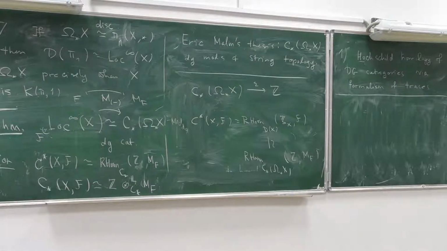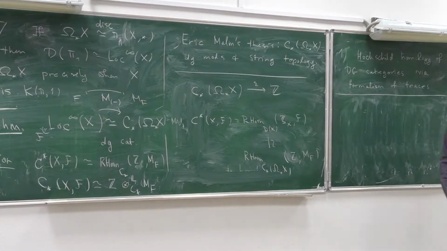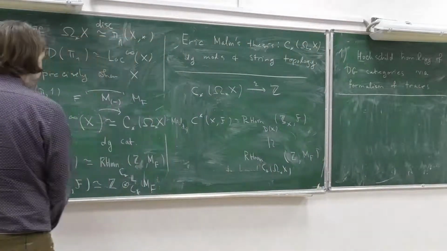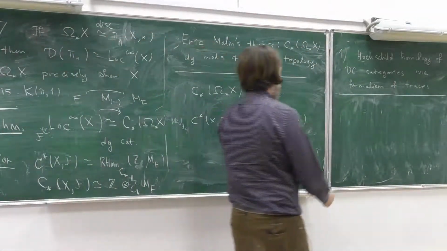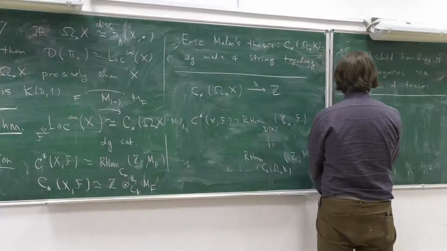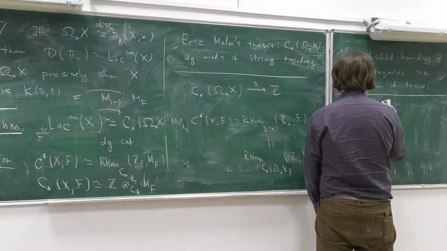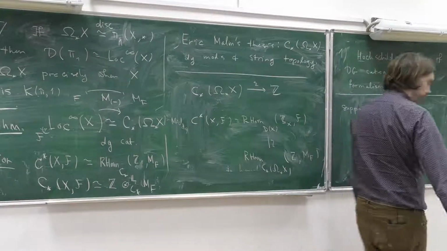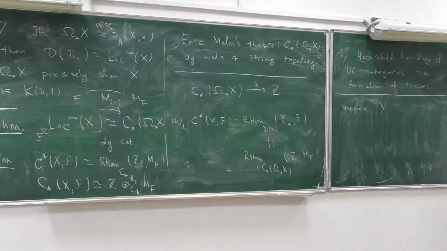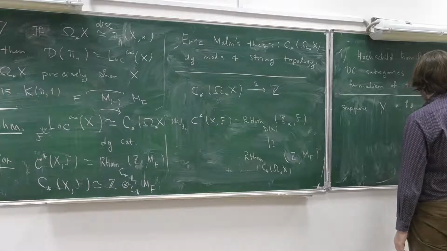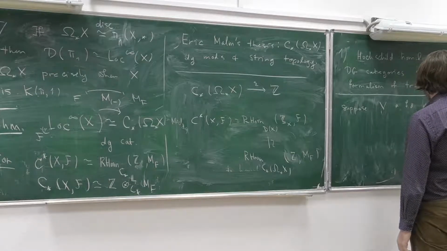So now for something very elementary. Recall, suppose V is a finite dimensional vector space, or maybe a finite rank projective module over some commutative ring. But let's say vector space for simplicity.